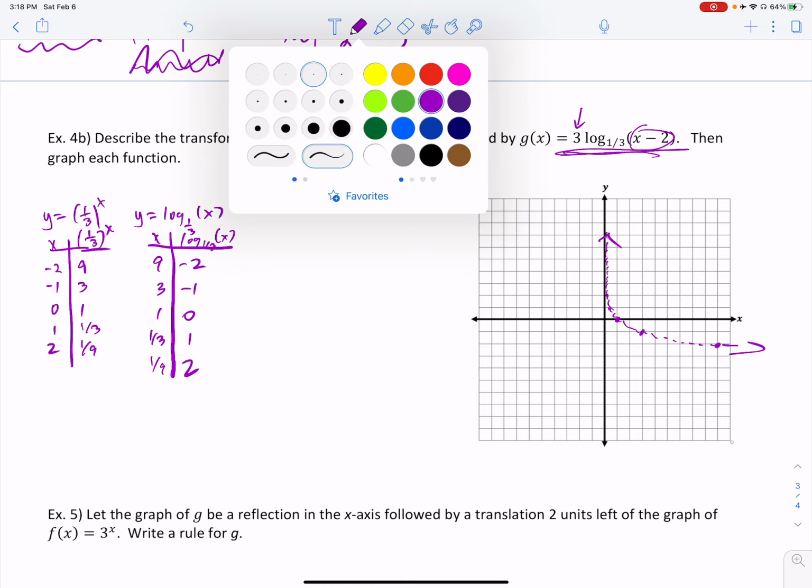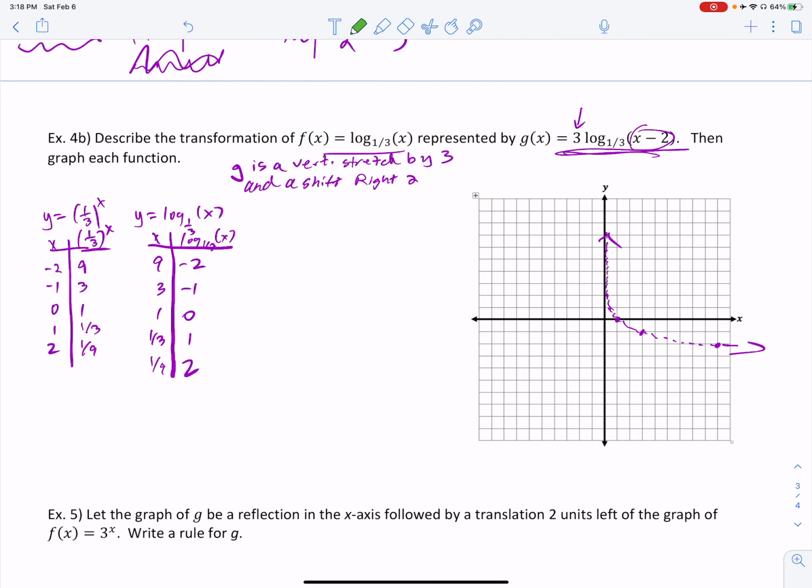And then the nice thing about this is that the vertical stretch by 3 means we multiply y by 3, and the shift right 2 means we add 2 to x. And so we can do this in one graph because one thing affects y, one thing affects x.